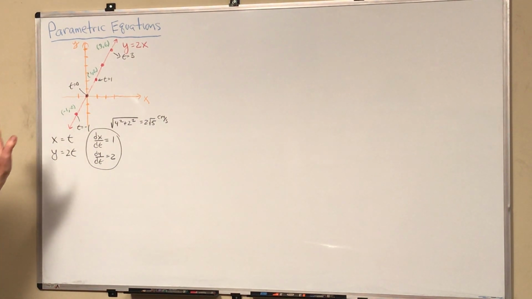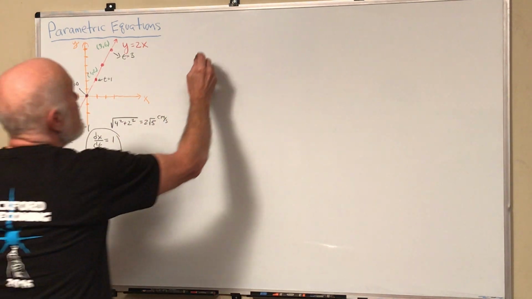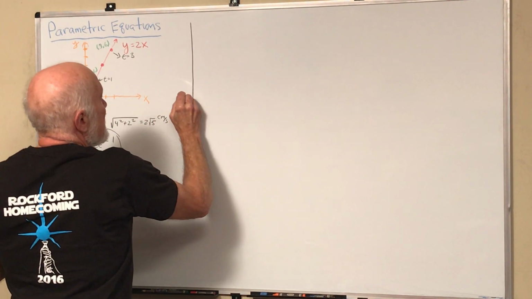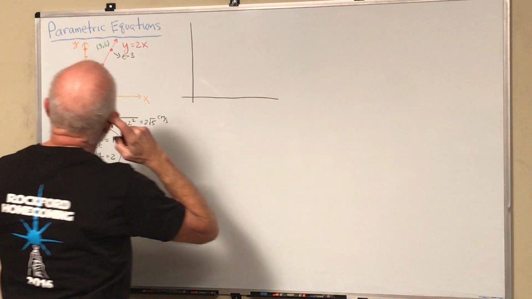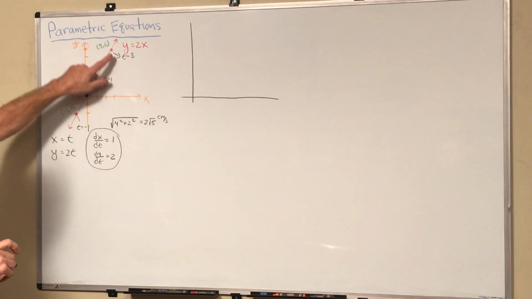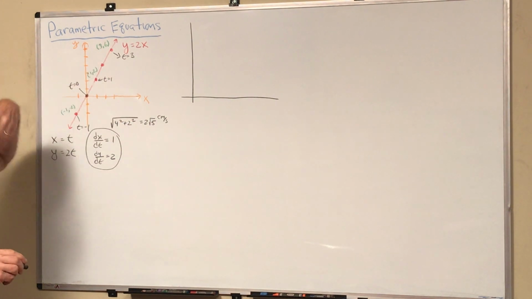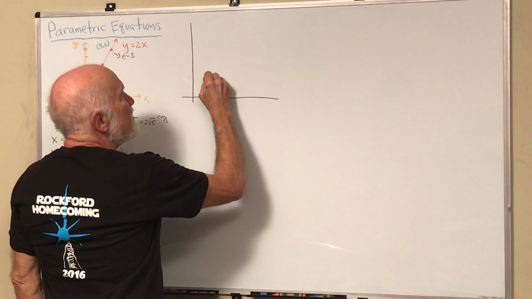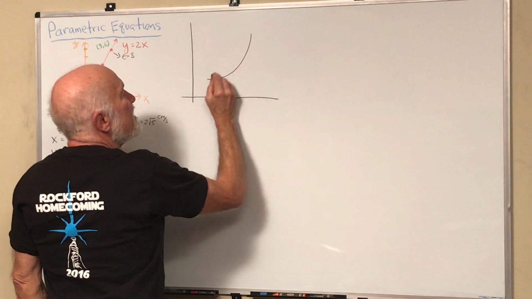Now, what else might you want to know? You might want to know the velocity when you don't have quite as simple of a relationship. We were able to find the velocity here because we could use the distance formula. But what if you had a relationship that looked more like this?